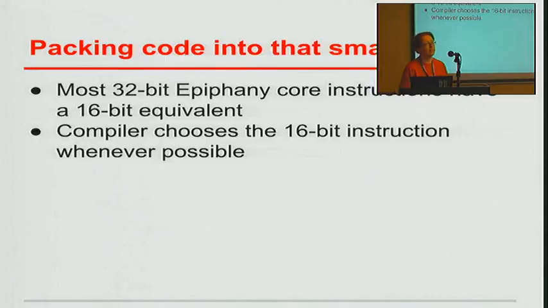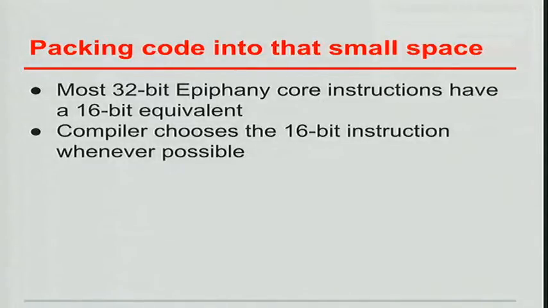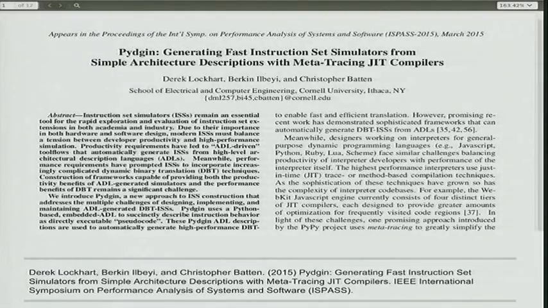And so the compiler does some clever things, but also the chip has some clever things that it can do to help compress that space. And one thing it does is that all the memory is 32-bit memory, but if an instruction can be written in 16 bits, then it'll be written out in 16 bits. So you have mixed width instructions in the Epiphany, and we'll come back to that idea later.